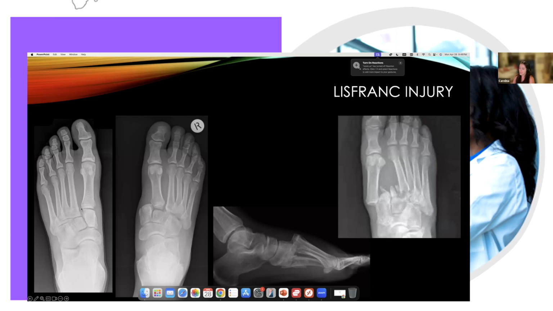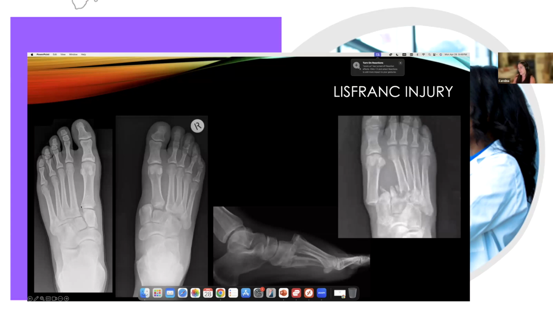And in the case of Lisfranc, you have quite a quantity of different ligamentous structures trying to put this all together. So whenever you have an injury, you tend to get a series of injuries that come with it.